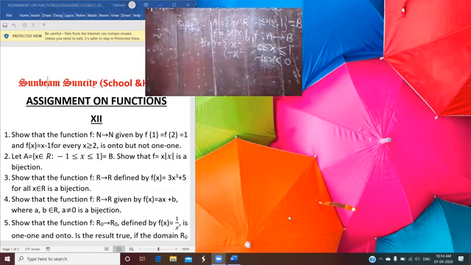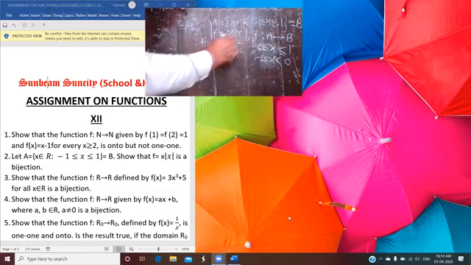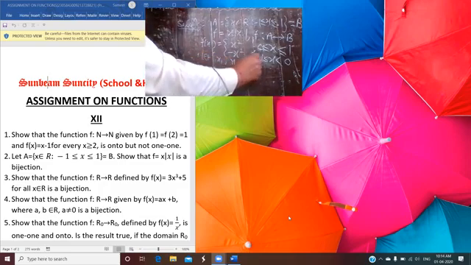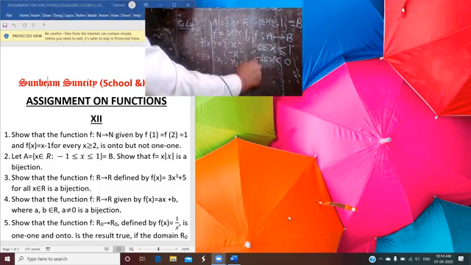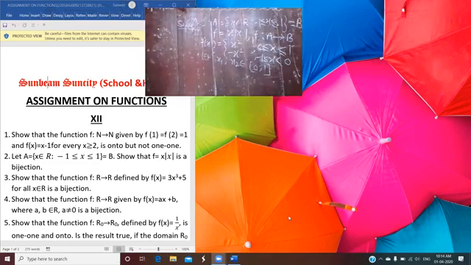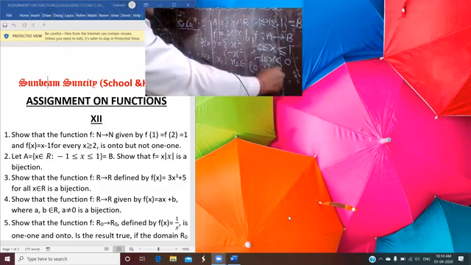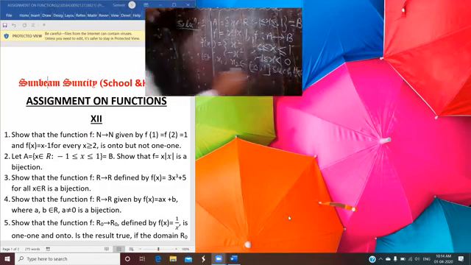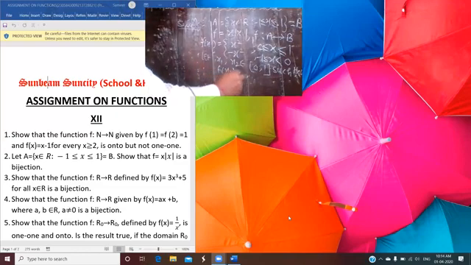As per the given question, you have to rearrange the function f(x) like that. Now take the first function. Let x1, x2 belong to this one, that can be written as 0 to 1 from the domain, such that f(x1) is equal to f(x2).